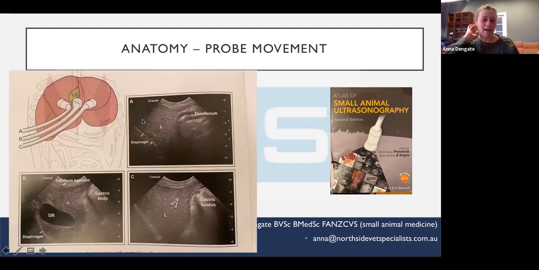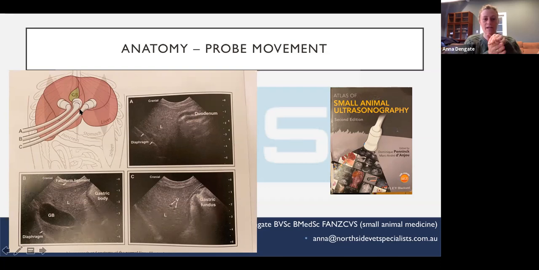So just a quick review of how I actually make sure that I've looked at the whole liver. I essentially start with my probe right in the middle, up at the sternum, and I look dorsally up through the liver, and I've got my probe craniocaudally in orientation.